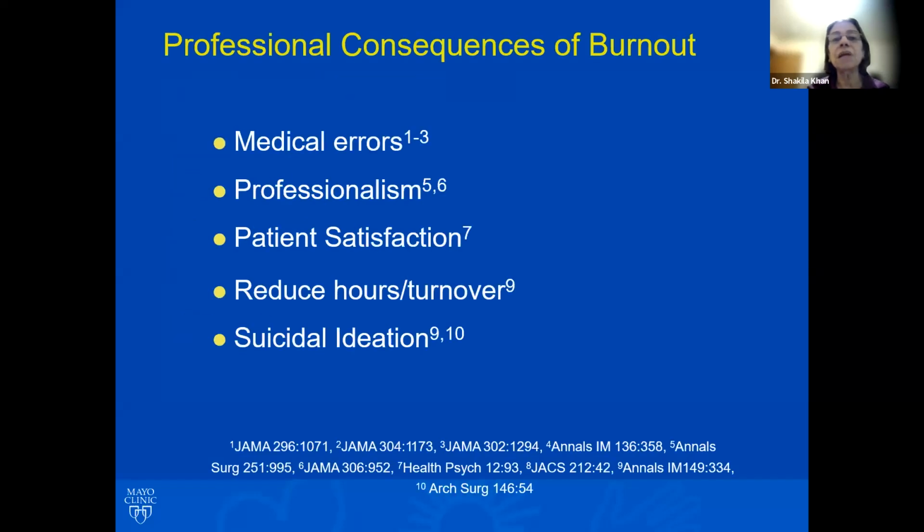So what is the cost? Medical errors, professionalism, patient satisfaction, reduced hours, suicidal ideation. Hopefully we don't have that. One of my colleagues who's very interested in it one day told me, do you realize that females have a higher rate of suicide than males?